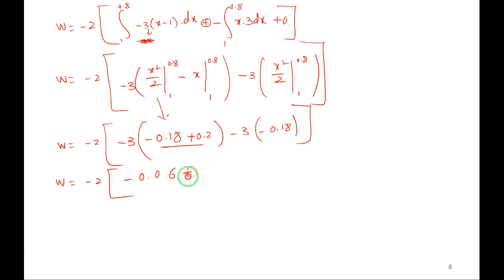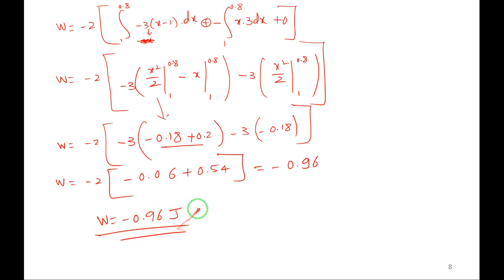And minus into minus will be plus, so 3 into 0.18 gives 0.54. So add and multiply with minus 2: minus 0.06 plus 0.54, into minus 2. I am getting minus 0.96. So W is equal to minus 0.96 joules.